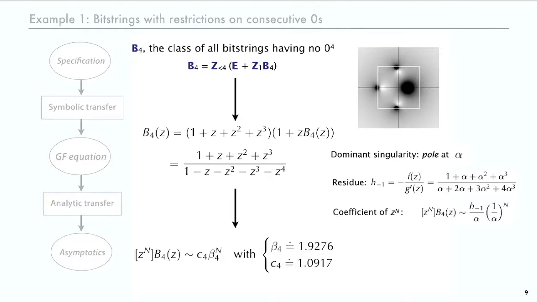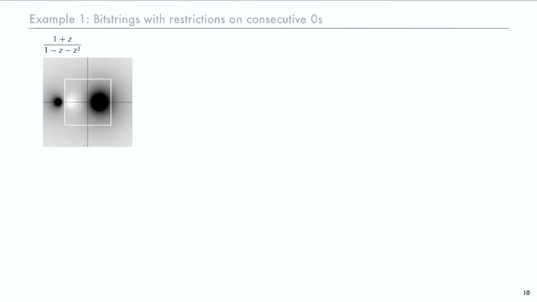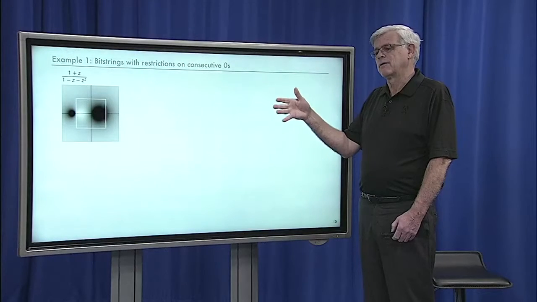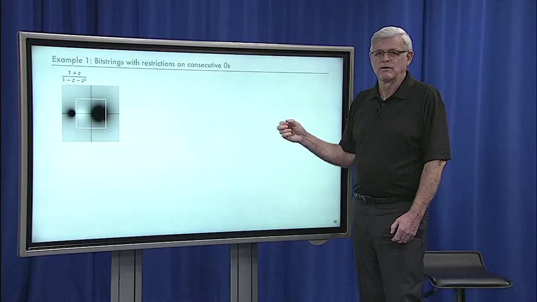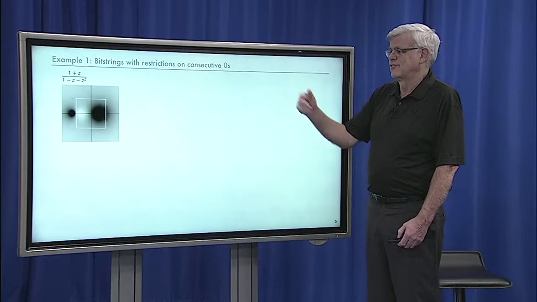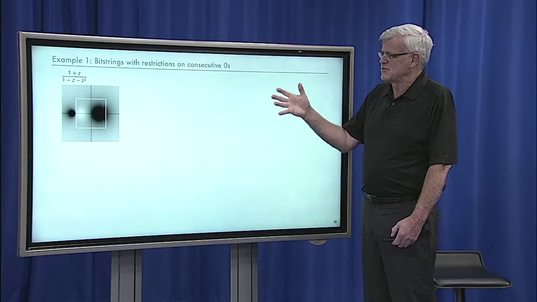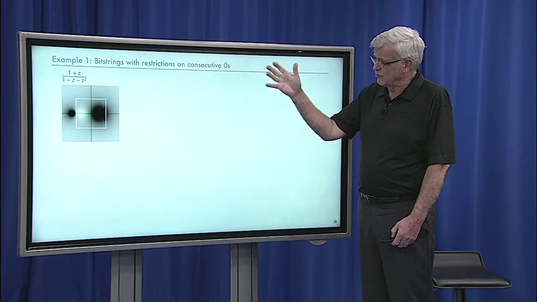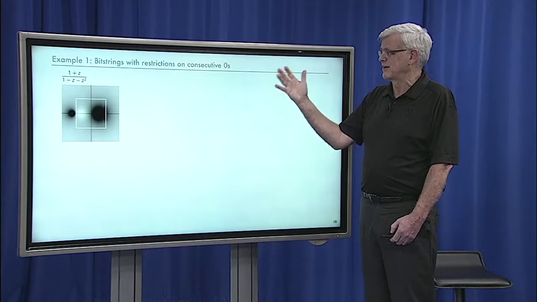And remember, this is very accurate, that the terms we're forgetting about are exponentially smaller, and we'll see that in other examples. And this is just an interesting view of what the structure of the poles looks like for this set of problems.